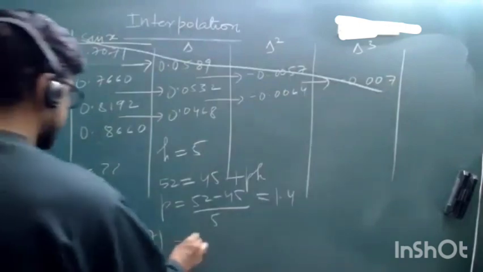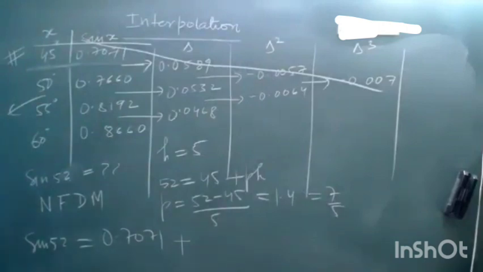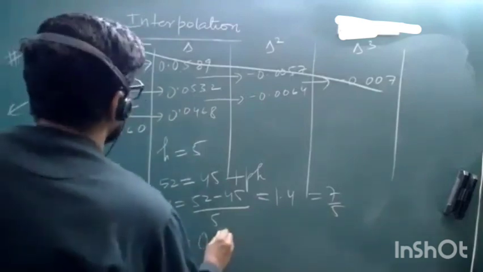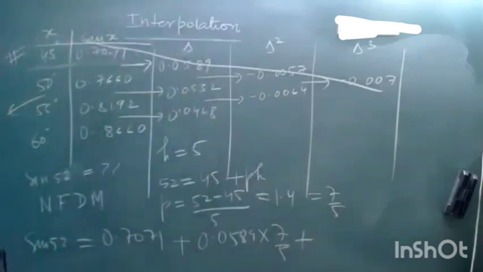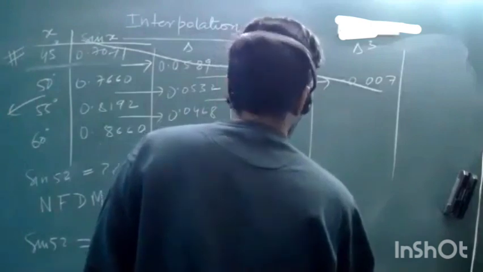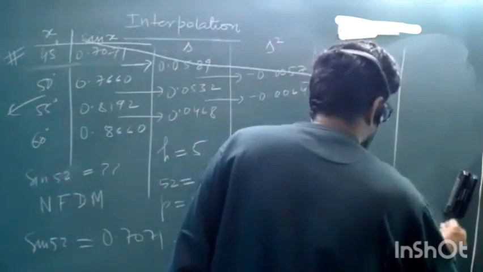And plus, this is actually 7 by 5 na? Then it became 1.4. So this one 0.0589 into 7 by 5 plus next term क्या होगा? Minus 0.0057 into क्या होगा? 7 by 5 minus 1 over 2 factorial, correct?